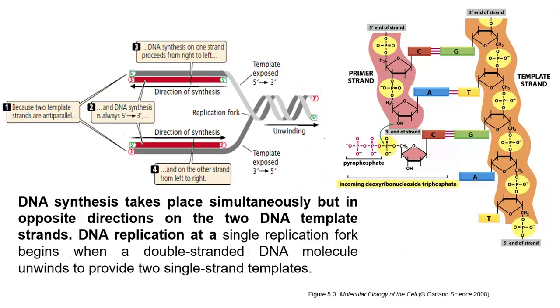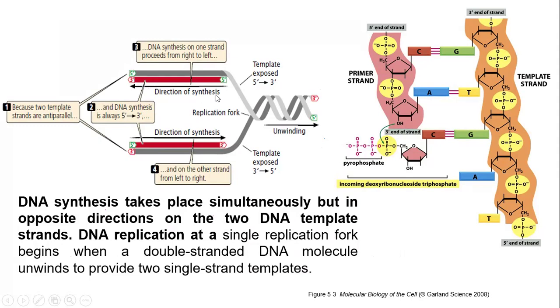So this is the process that's been described from point number 1 to point number 4. You can see two templates need to be separated. By the way, they are antiparallel, like we saw from our last class. Number 2, DNA synthesis will begin from 5 to 3 prime. Always remember that we must read DNA from 5 to 3 prime.